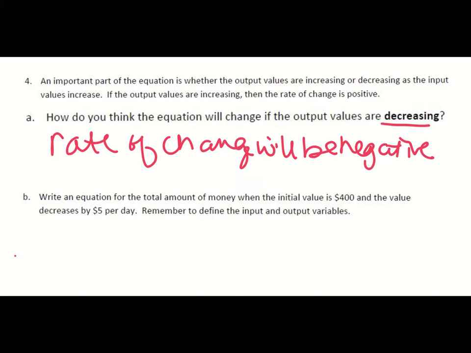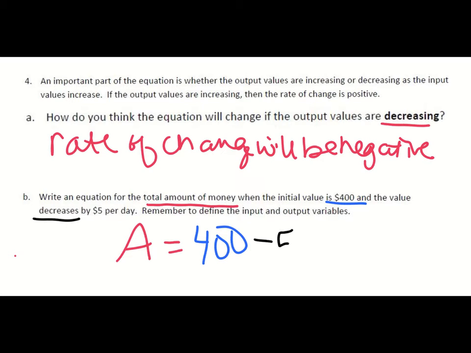It says write an equation for the total amount of money when the initial value is 400 and decreases by $5 per day. So I want the total amount of money in an account. So we'll say A, when the initial value is 400 and the value decreases by $5 per day.